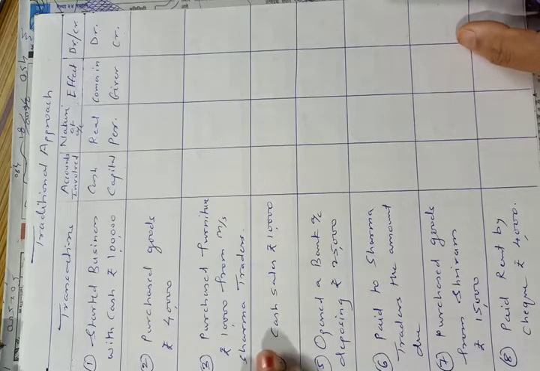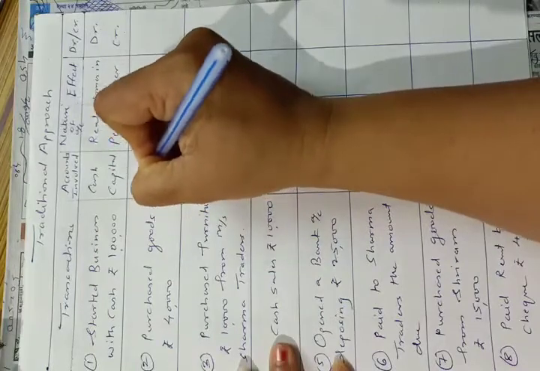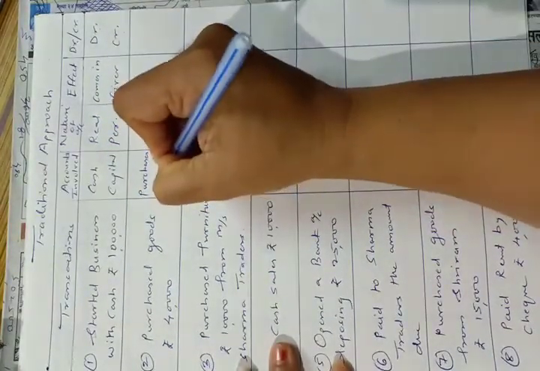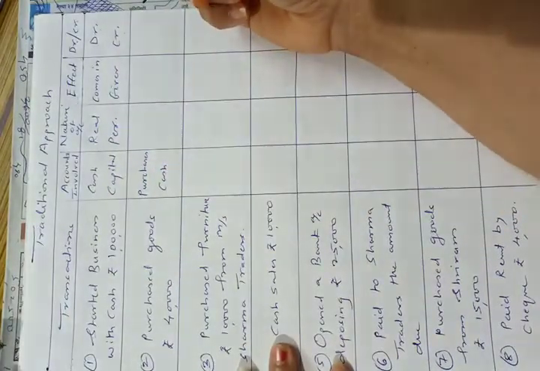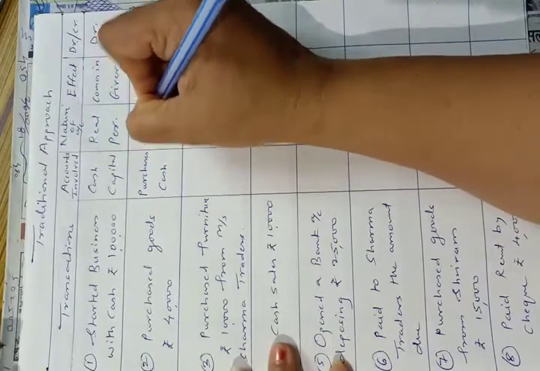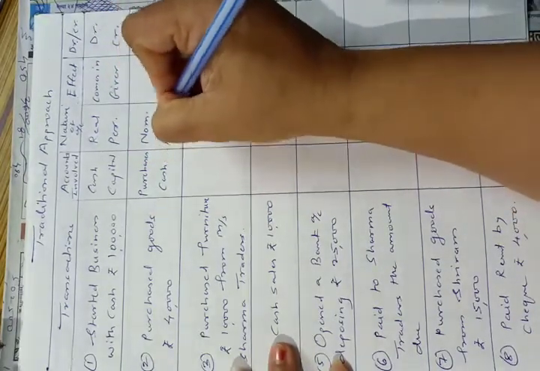Purchase goods rupees 40,000. One account involved is purchases account and the second account involved is cash account. Okay? Purchases are our expenses, so it is nominal account, and cash account is real account.